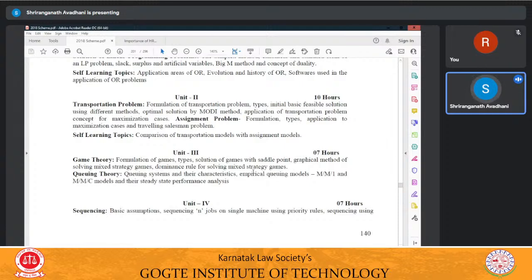As I said, it is the easiest part in operations research. The second chapter in this unit is queuing models or queuing theory. Here you'll be studying different types of queuing systems and their characteristics, then different empirical queuing models, that is M/M/1 and M/M/C, and how the performance analysis of a particular model affects a queuing system.